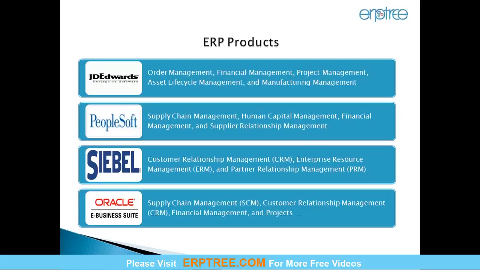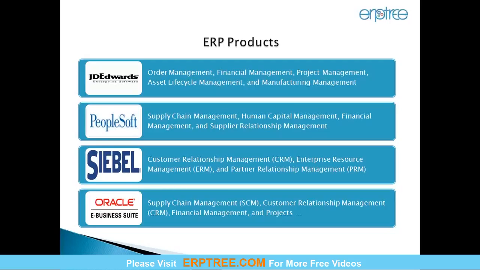When you look at Siebel, CRM and ERM and PRM, they offer different solutions based on industry-specific process requirements. And in Oracle EBS, the primary solutions are supply chain management, customer relationship management, financial management, and projects. So each and every ERP product is offering different areas of solutions.